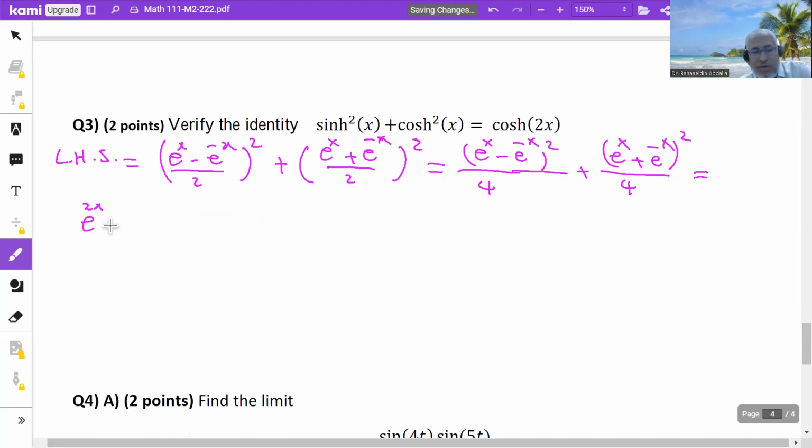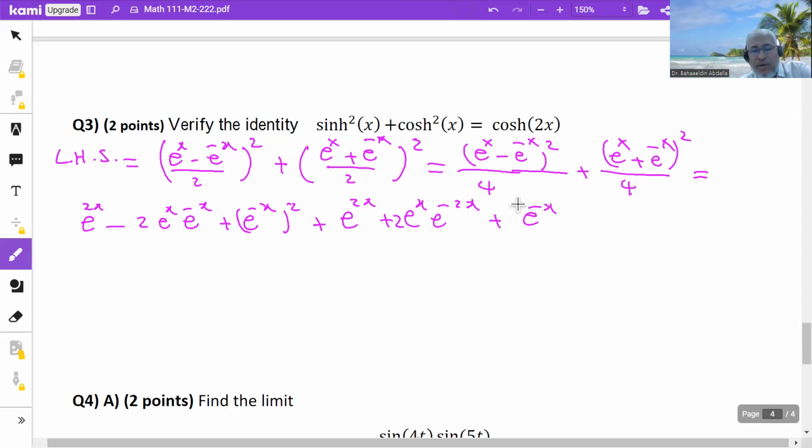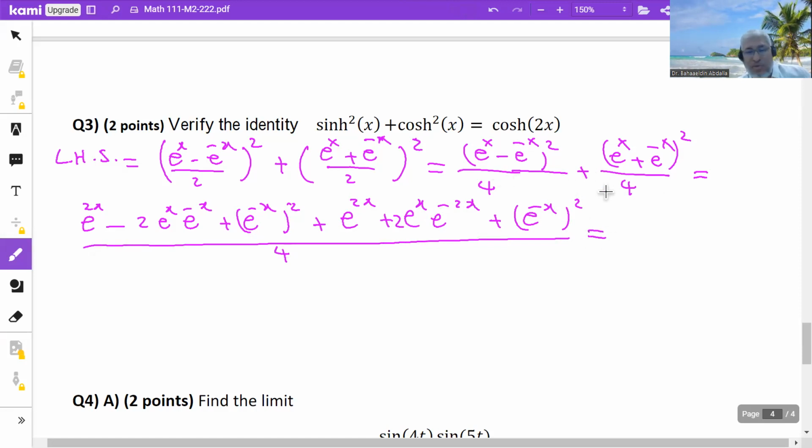So it's e to the power 2x minus 2 times e to the power x times e to the power negative x plus e to the power negative x squared, plus here I have e to the power x squared, which is 2x, plus e to the power x times e to the power negative x times 2, plus e to the power negative x squared, over 4, because I have the same denominator. So I can add these two fractions.